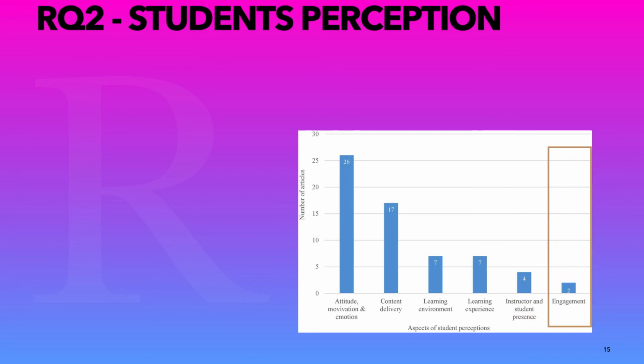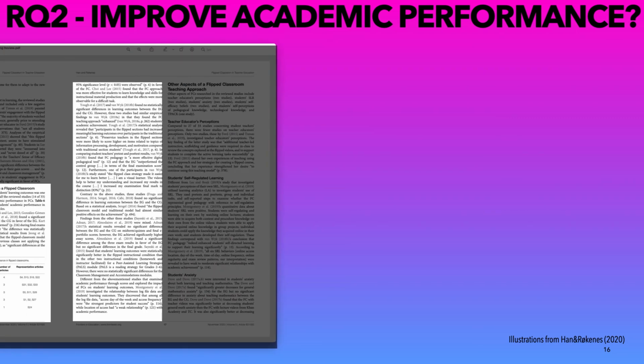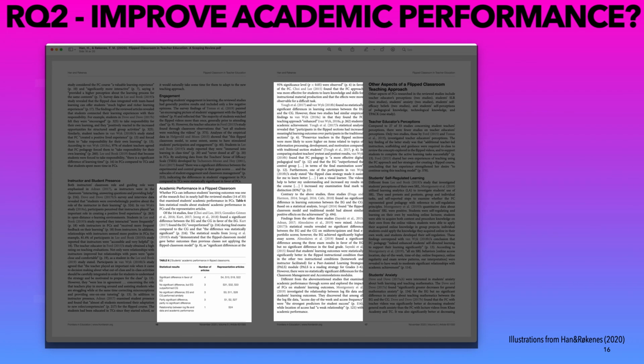Also regarding students' engagement in learning. Whether flipped classroom can influence student learning outcomes was the research focus in nearly half of the reviewed studies. You can read more about student academic performance on page 16 and 17.